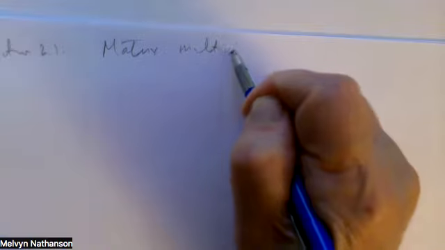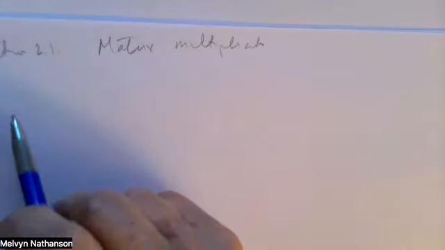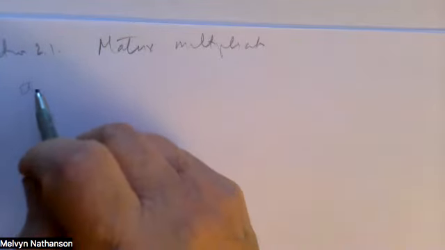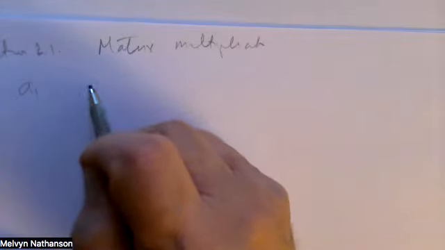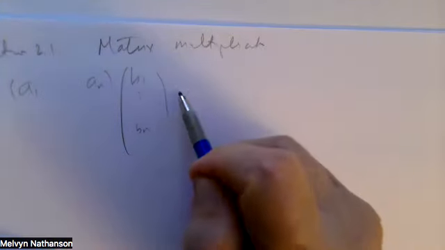So this is section 2.1, matrix multiplication. And the idea is based on the fact that if you had a row vector, say A1 up to AN, and a column vector B1 to BN, we'd multiply the row into the column.